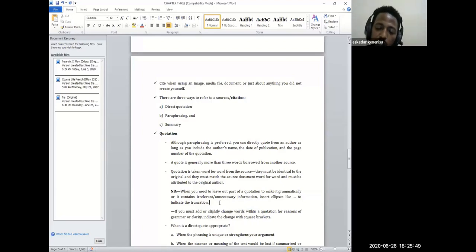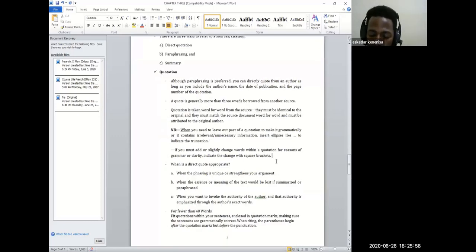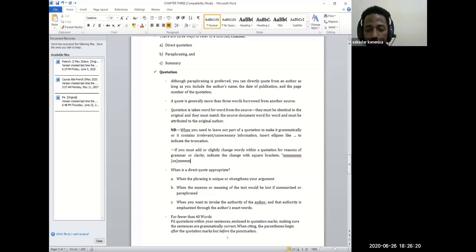If you want to change some words of the author, there is another way. Here I change the word, therefore I put it under square brackets.